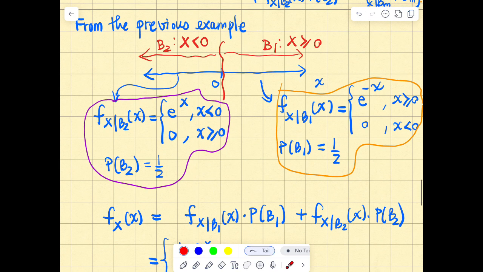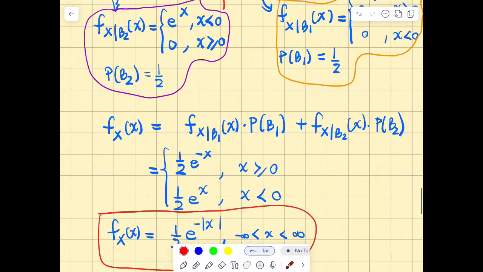We can take similar steps to find the conditional PDF conditioned on B2. This is going to be equal to e to the power of x when x is less than 0, and 0 when x is bigger or equal to 0, right? So remember this is conditioned on B2, so x has to be less than 0. And the probability of this event is equal to 1/2.